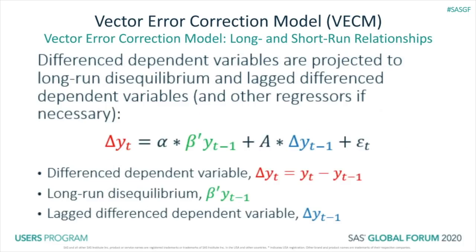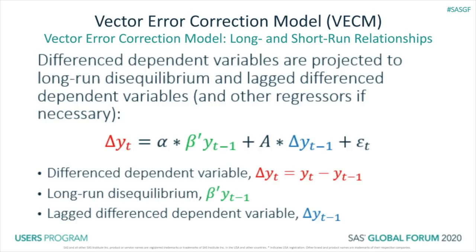Let's just see how to use this cointegration information in the vector error correction model. After differencing, it's pretty easy to get the stationary one, as shown in red. It's delta YT, and the long-run relationship is modeled in the green one, beta prime YT minus 1.